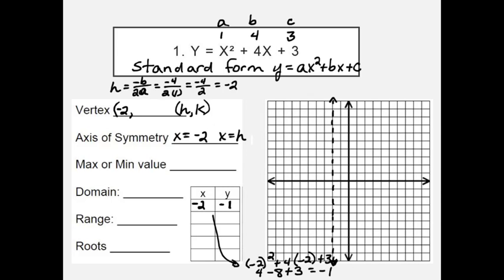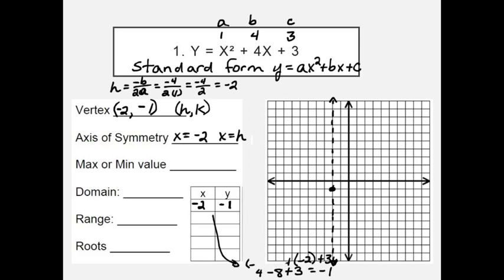So my vertex then is at -2, -1. So I'm going to plot the point here at -2, -1. Put a point on the graph. And now I'm going to have to figure out some other points.